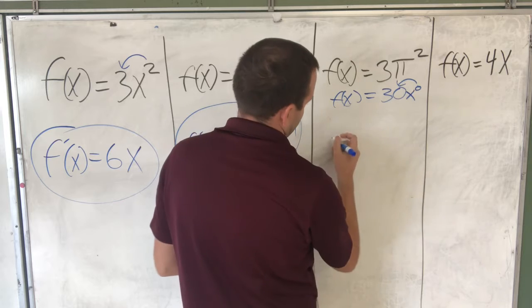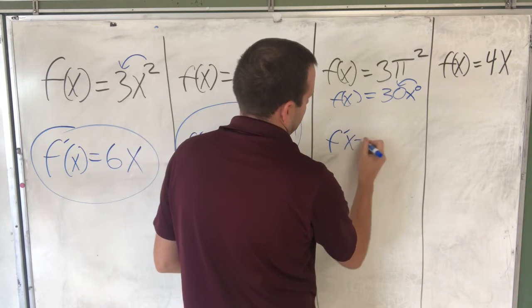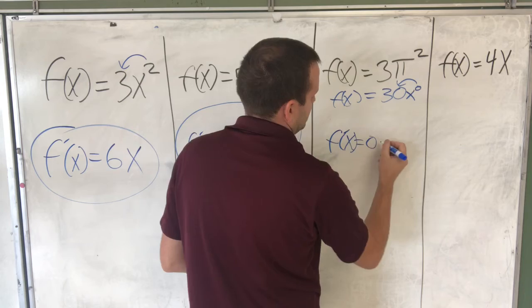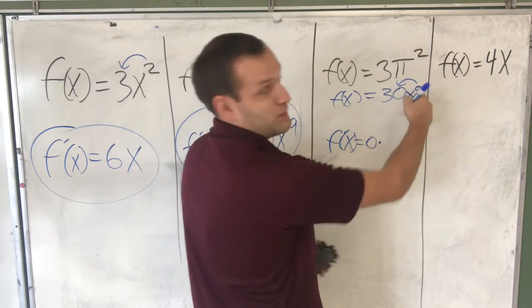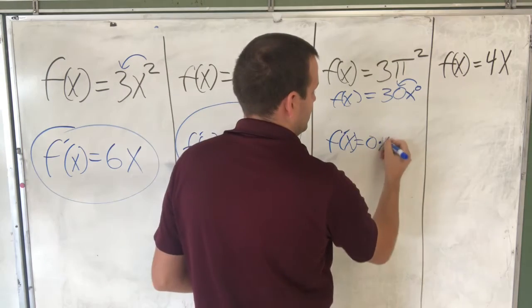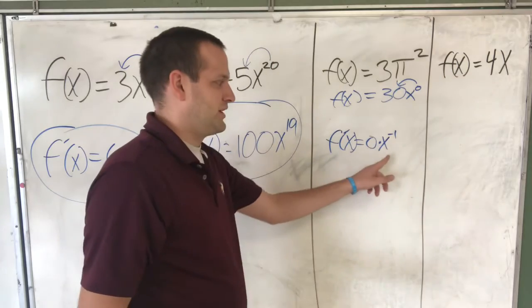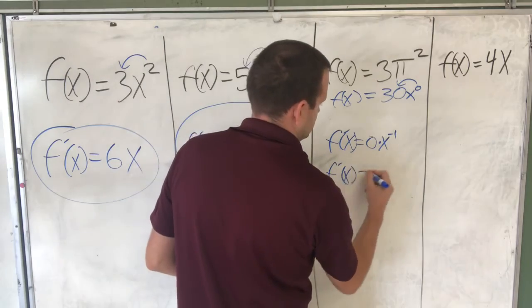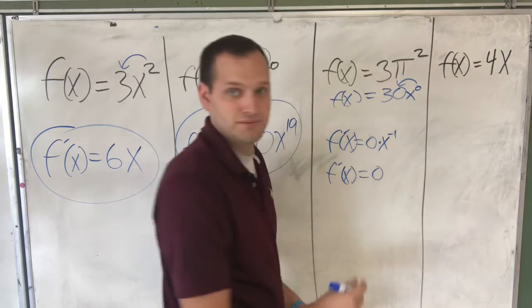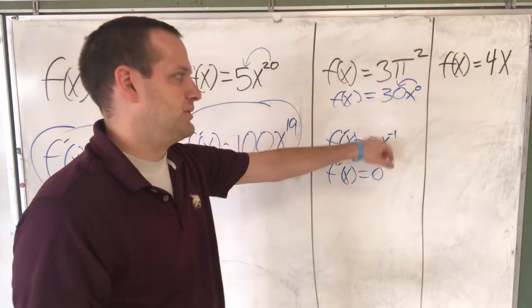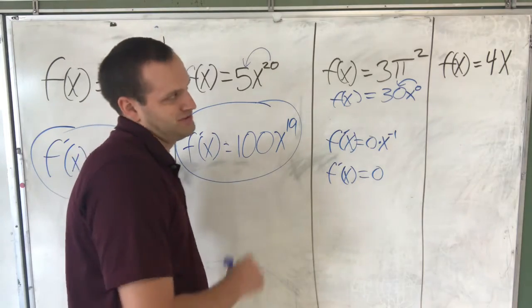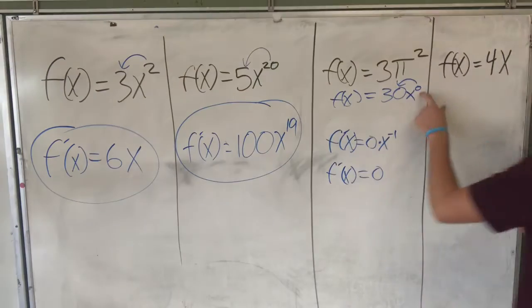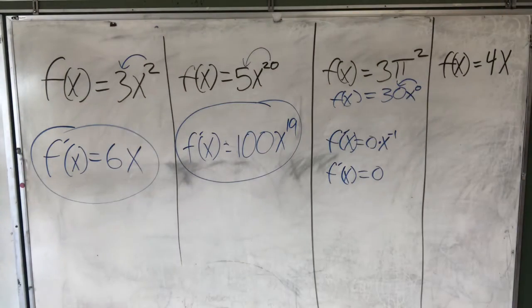So that gives us f prime of x equals 0 times, what's 1 less than 0? Negative 1. What's 0 times x to the negative 1? Well, it's just 0, okay? So that's how we're getting 0 for that answer. That's why it just kind of drops off. Because when you multiply it by 0, you're still stuck with 0.